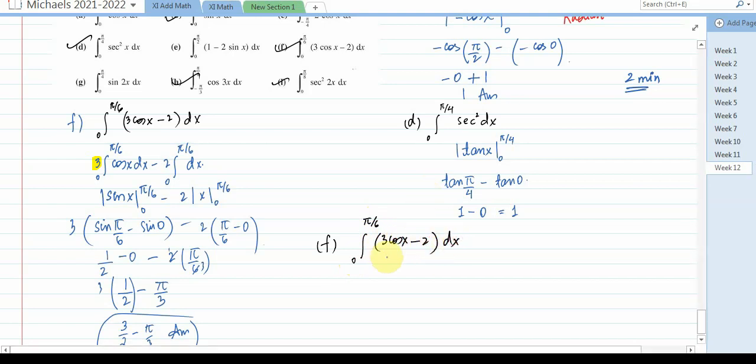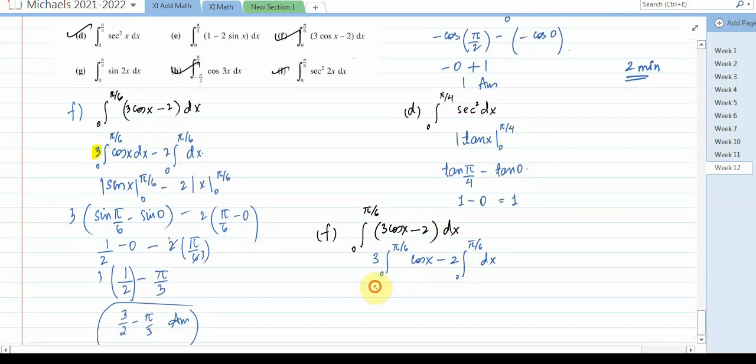So it's 3 times the integral from 0 to pi over 6 of cos x minus 2 dx, right? So it will be 3 times the integral of cos, which is sine x, with limits from 0 to pi over 6, minus 2 times the integral, which is x, from 0 to pi over 6.